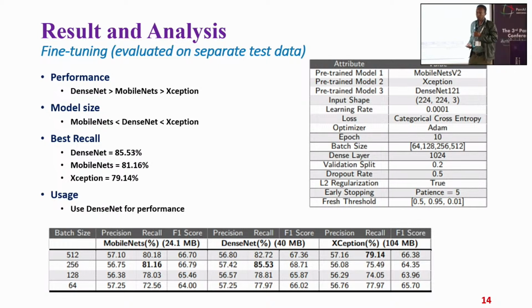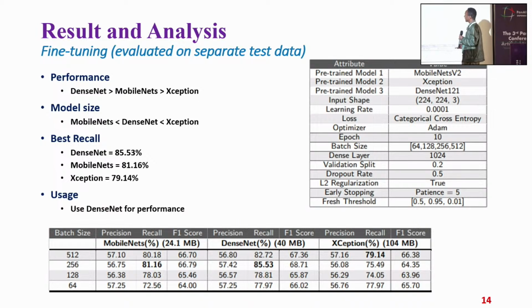So regarding recall, DenseNet, the medium sized model, whose size is 40 megabytes, scores the highest recall. That means if you use this model, most probably, not 100%, but 85% of the time, you will not eat spoiled food.